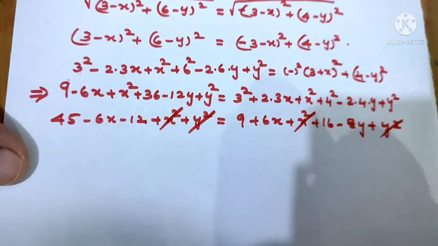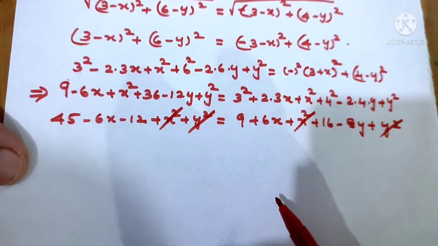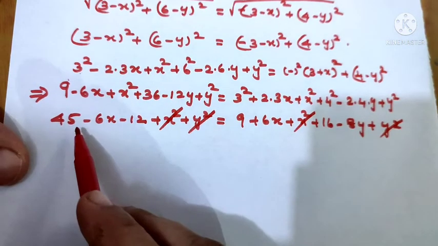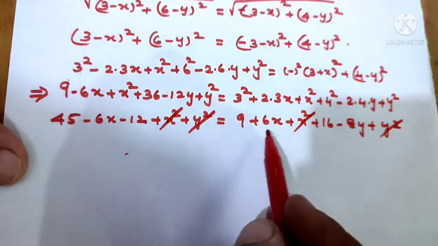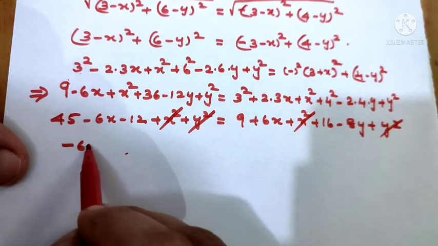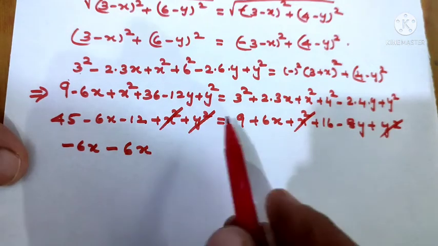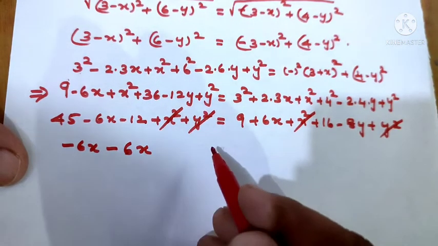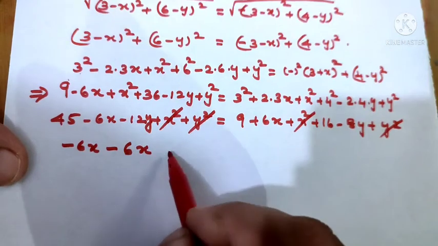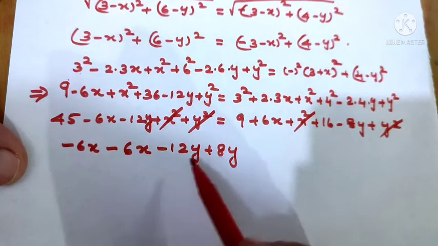Now it is already given in the question, we should bring it in the form 3x plus y equal to 5 only. Now 45 is there. Now minus 6x, plus 6x is there. So I am bringing plus 6x to this side as minus 6x. Then here minus 8y, here 12y is there. Minus 12y plus 8y. So x and y terms are over.